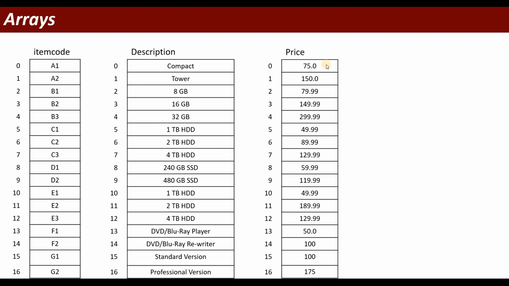The third array is the price of each item. Suppose item code is A1, description is compact, and price is 75. In the same way, index number 5 is C1, description is 1 TB hard drive, and 49.99 is the price of this.